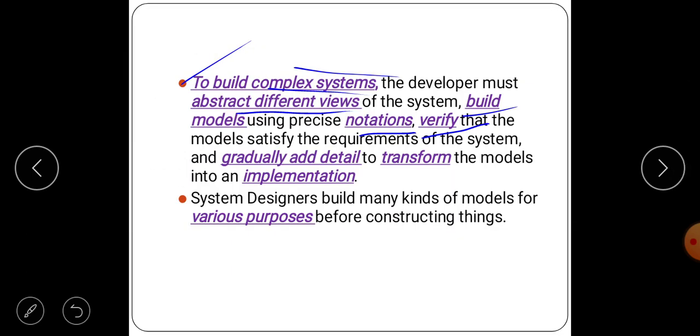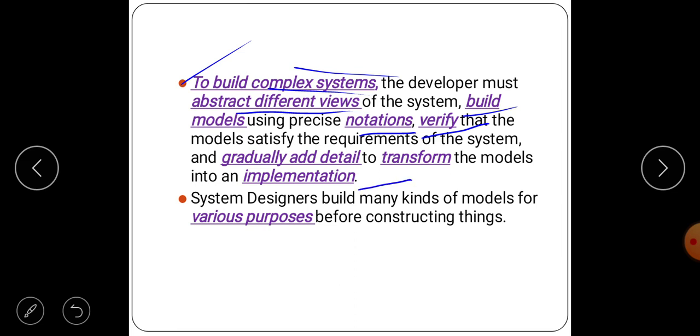Okay, next, using precise notation, nothing but symbols, verify that the model satisfies the requirements, and we should cross-check that the requirements of the system are satisfied, and gradually add detail to transform the model into an implementation. Next, after cross-checking, gradually add some more details and transform the model into implementation.